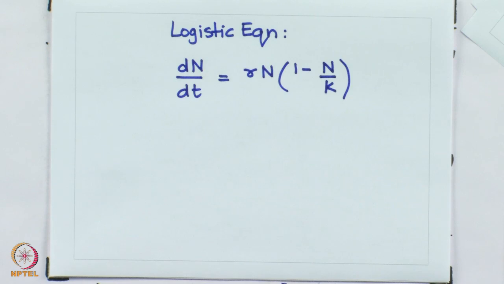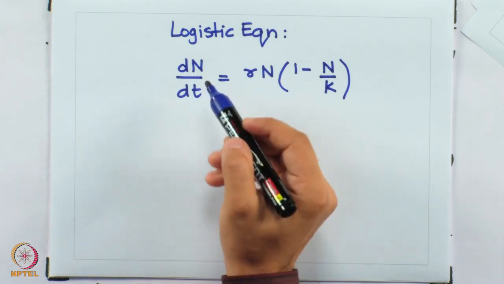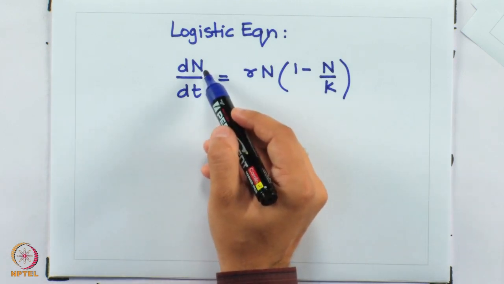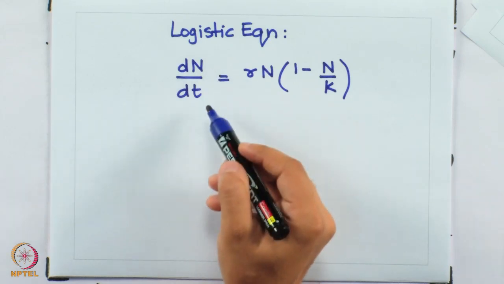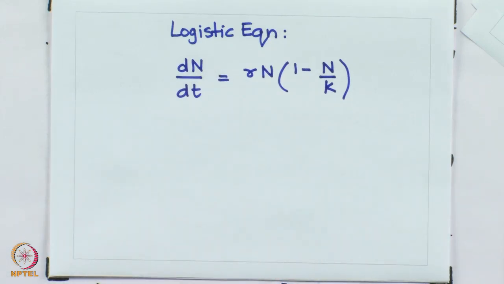Now, whenever we have dynamical equations like this, where we are measuring the rate of change of any quantity, in this case N, with time, what we are interested in is the steady state of the solution.